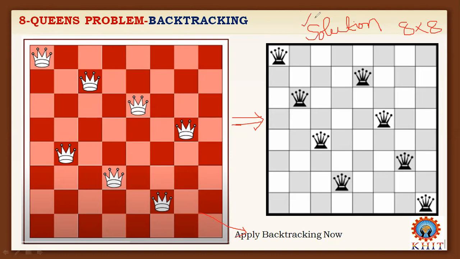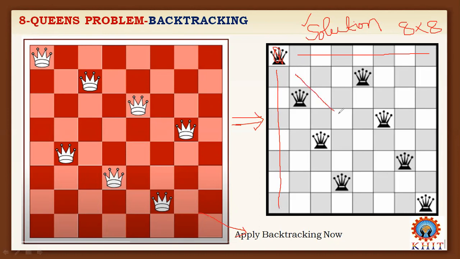So now we will check whether the solution satisfies the condition or not. In this solution, the first Q1 was placed here. When Q1 was placed here, the entire row and entire column are not possible to place.